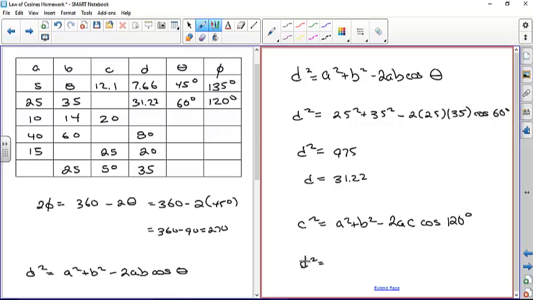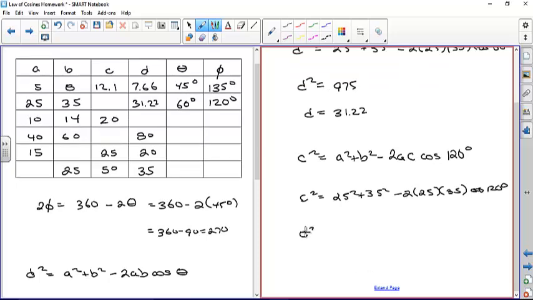So we get 25 squared plus 35 squared minus 2 times 25 times 35 times the cosine of 120 degrees. And because this angle's bigger, this number should be bigger.